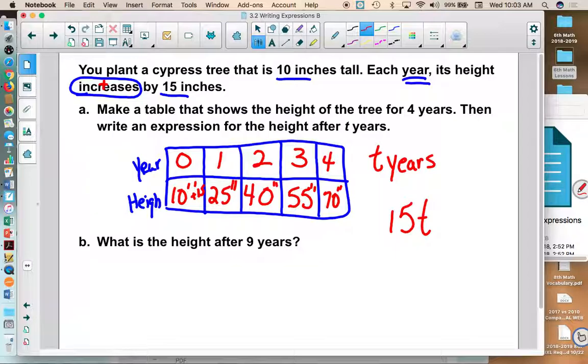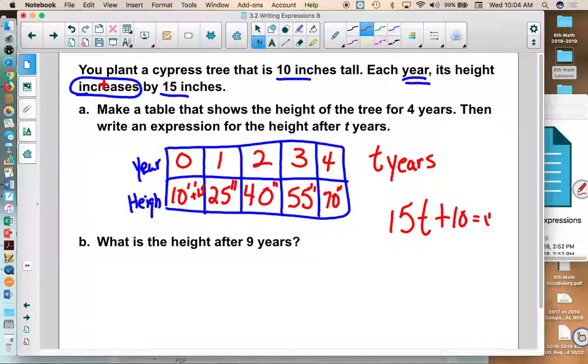No. Cashton? 10 times 15t. Well, if that was true, that would be saying 10 times 15t every year. Is that how much it's growing? No. Graydon? 10 plus 15 times t. There you go. That is absolutely correct, Graydon. Why?